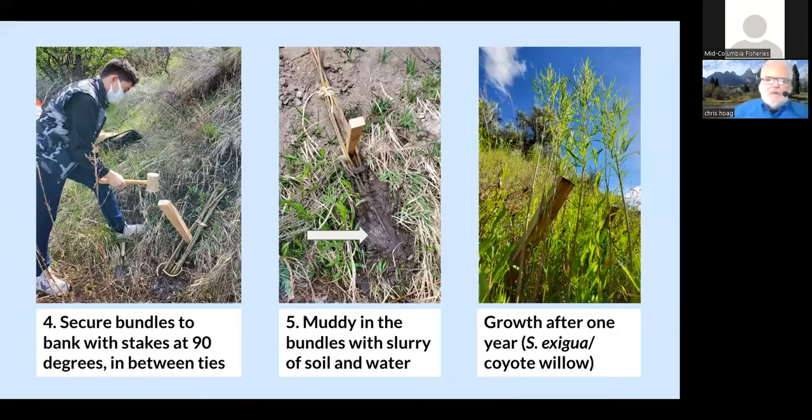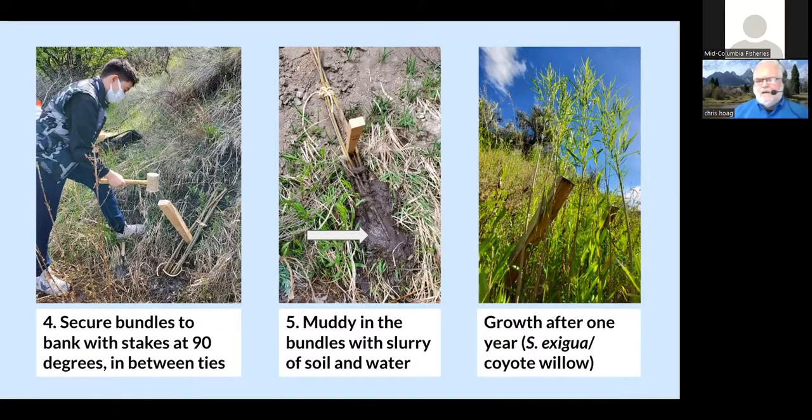One couple of little points is that you want to make sure when you tie the string to hold the bundles together that you tie it tightly. Notice on the first one that the string at the bottom is coming loose. Then also, if the cuttings are not long enough to get to the top of the bank, what you can do is stake them in with the bottom in the bed.